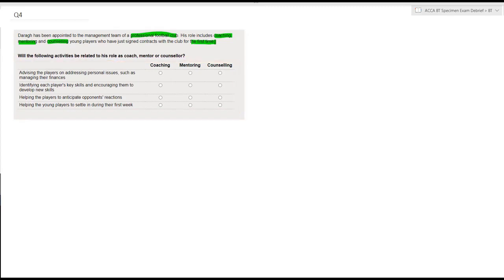In this question, it's obviously important to understand what is meant by a coach, a mentor, and a counsellor. Let's think about coaching first. With coaching, we need to think about a role where we are improving the performance of an individual.